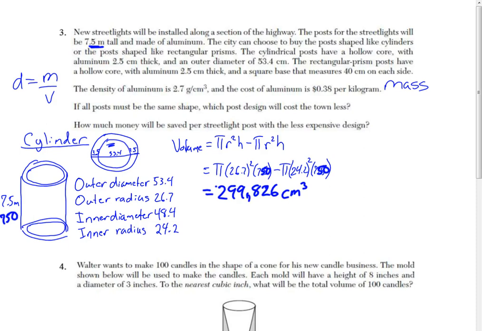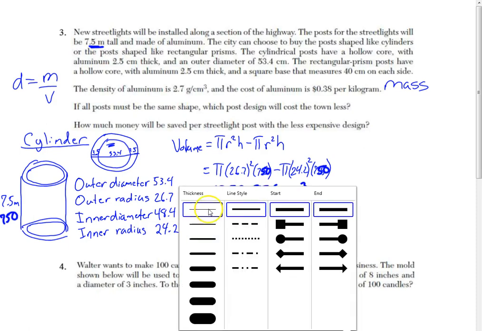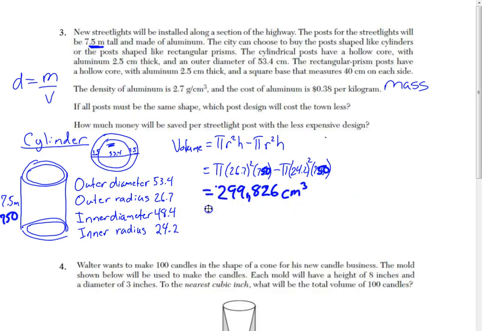So how do we take the volume and figure out the mass? If we know what the volume is, the density of aluminum is 2.7. So 2.7 equals the mass divided by this number. If we cross multiply, that will give us the mass of aluminum in grams.